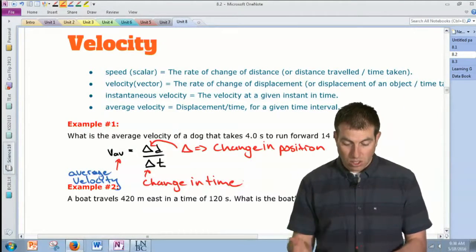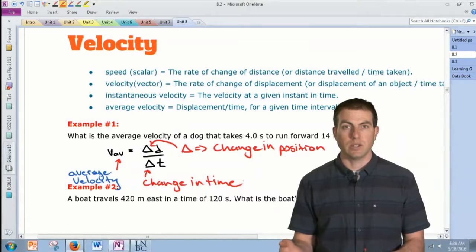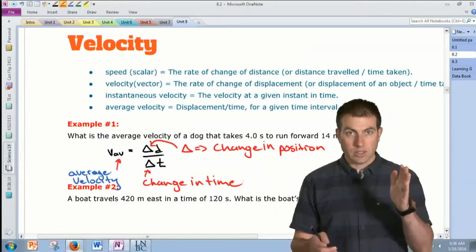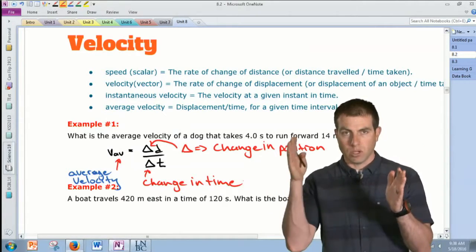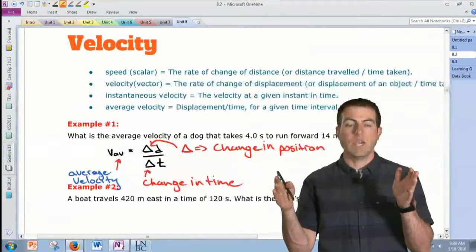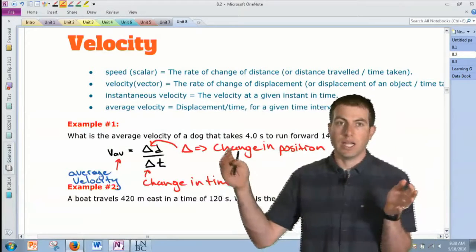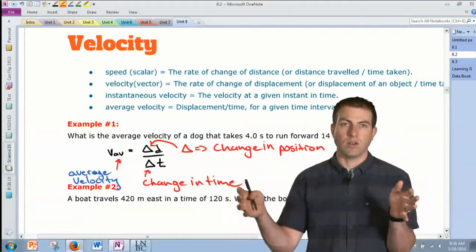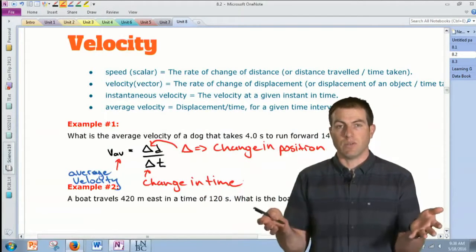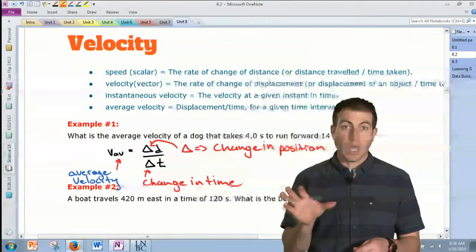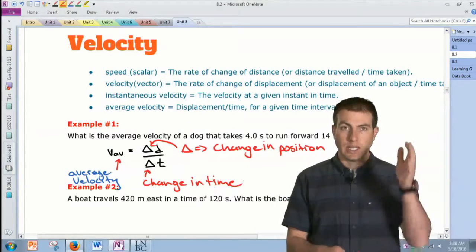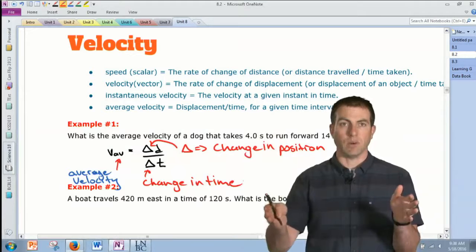When it says a dog runs forward 14 meters, we know the dog is starting at 0 and then it's just going forward to 14. It doesn't say, hey, the dog started at 2 meters and then ran for 18 meters. How far did the dog run? It just says it ran for 14 meters. So implied in that 14 meters is that it started at 0 and it ended at 14.